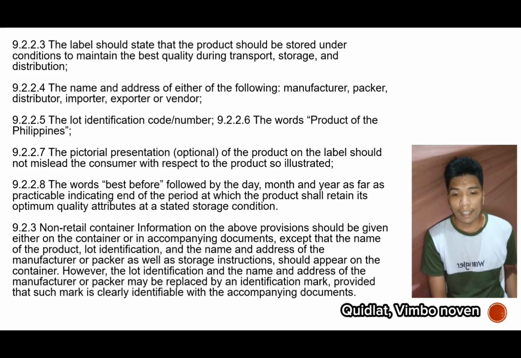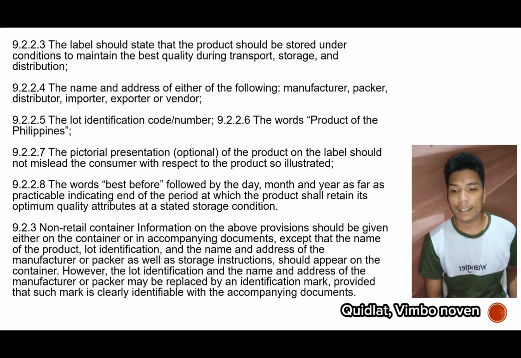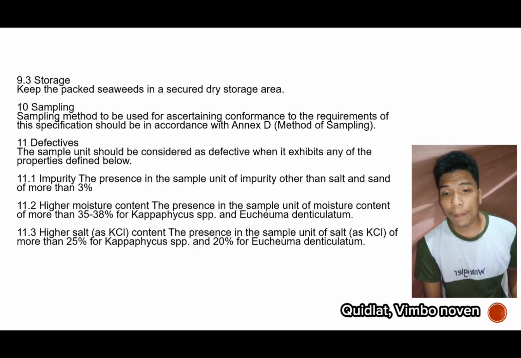However, the lot identification and the name and address of the manufacturer or packer may be replaced by an identification mark, provided such mark is clearly identifiable with the accompanying documents. Storage. Keep the packed seaweed in secure dry storage.